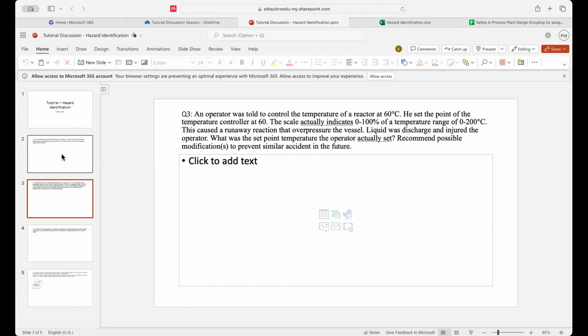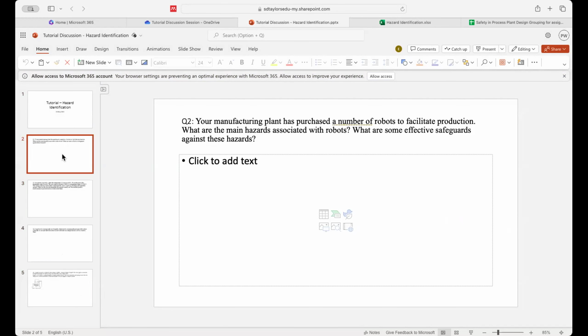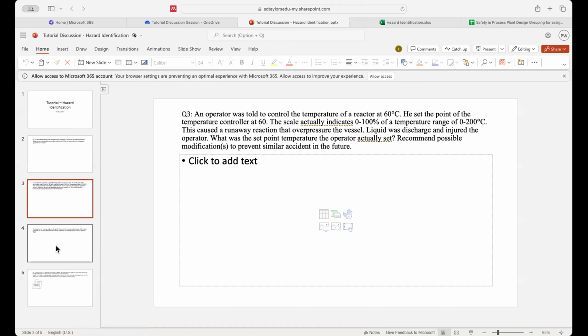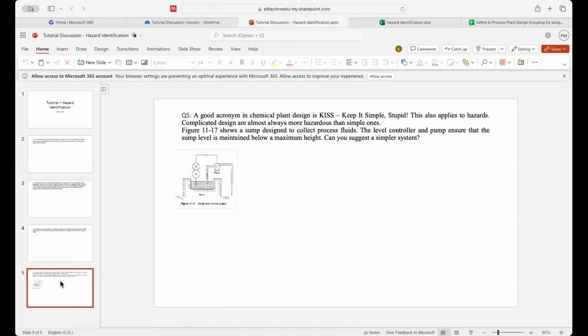The first will be a group of 3, and then a group of 2 and a group of 2. The group of 3 will have to do 2 questions, because I think these will be the easy questions. So I will give you question 3 and question 5.